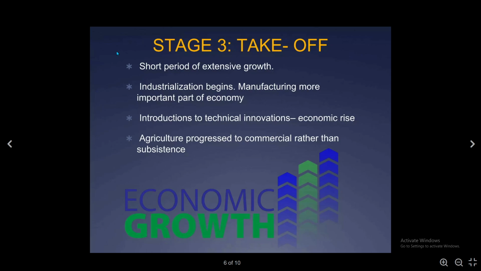And during this stage as well, we should also see an improvement in people's lives. So people will have more wealth. The government will have more wealth, meaning they can spend it on more social things like pensions, healthcare, education.